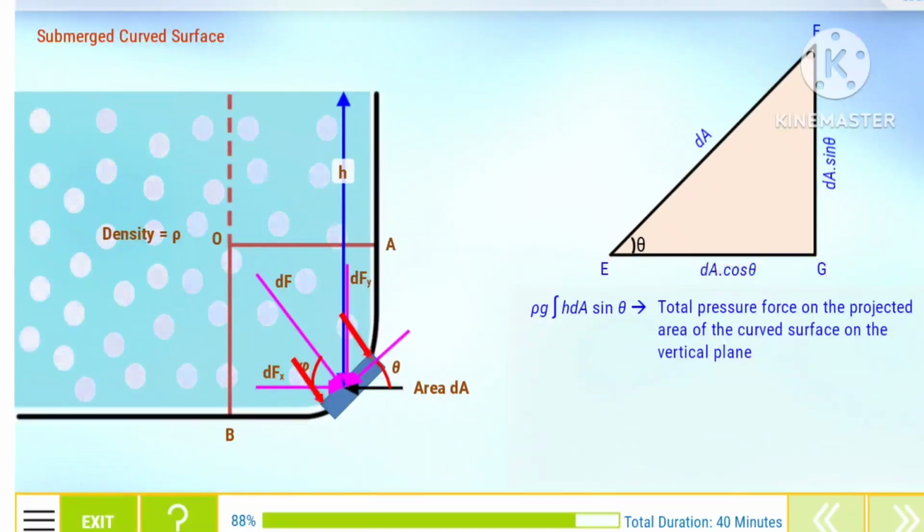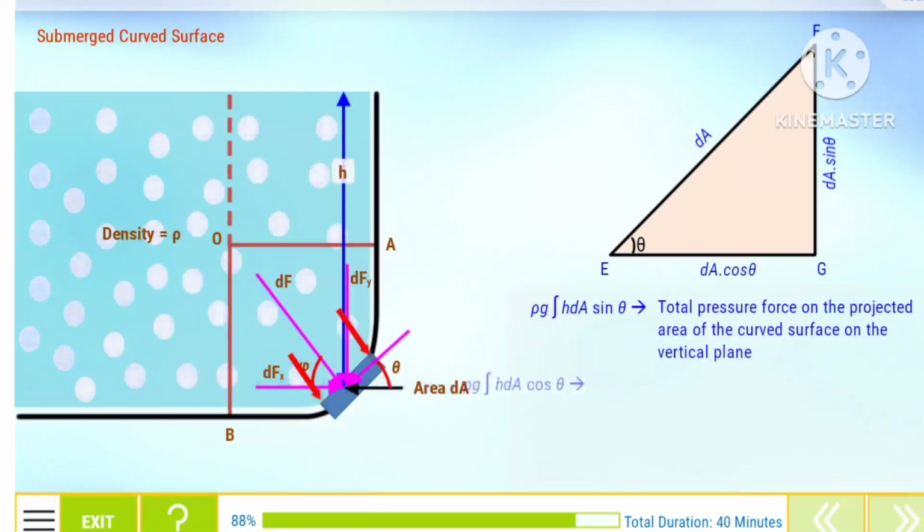Also, dA into cos theta, which is equal to EG, is equal to the horizontal projection of dA. Hence, h into dA into cos theta is the volume of the liquid contained in the elementary area dA up to free surface of the liquid. Thus, integral of h into dA into cos theta is the total volume contained between the curved surface extended up to the free surface.